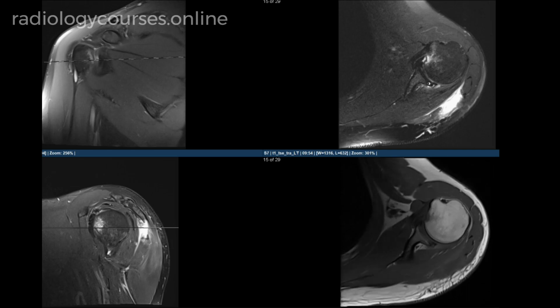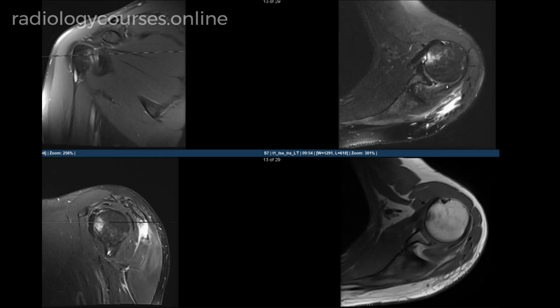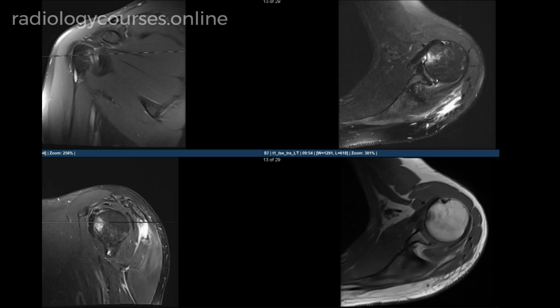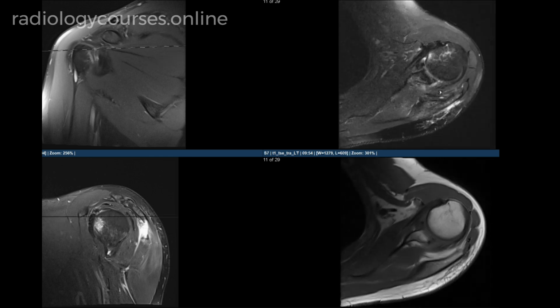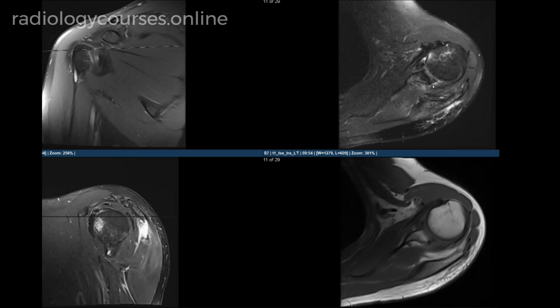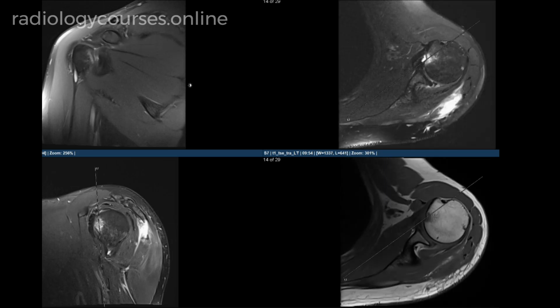If we look carefully at the posterior labrum, there is a tiny dip both anteriorly and posteriorly, but the labrum is held in place, and as we come inferiorly, the labrum is held normally, and superiorly, the abnormality extends up to the posterior labrum but stops there.